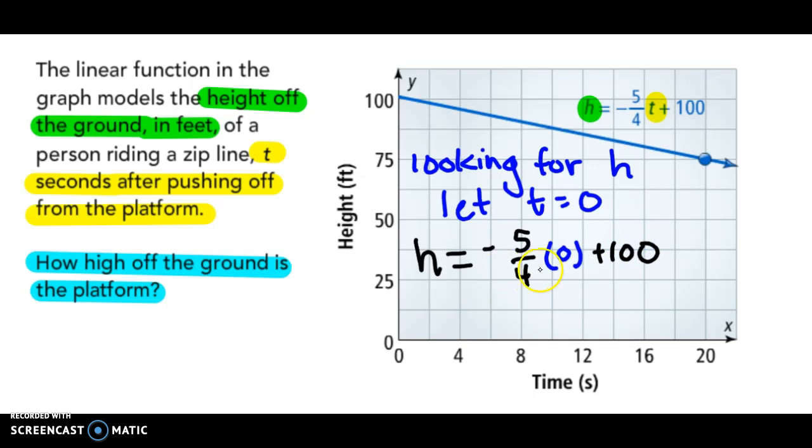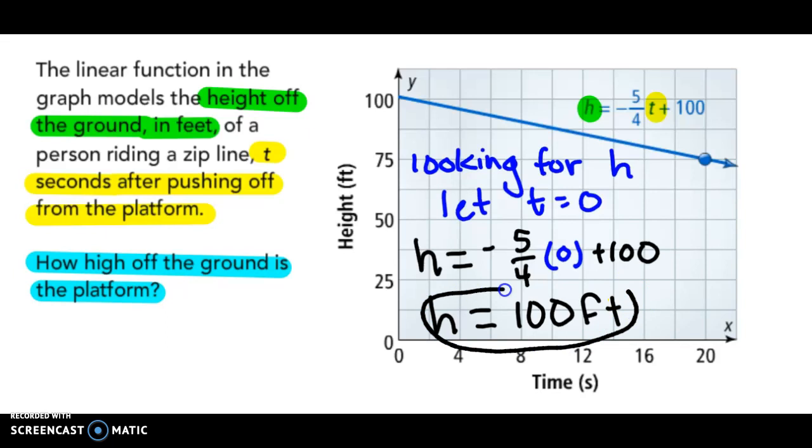So if we solve this out, we know that -5 over 4 times 0 is just 0. So h is going to equal 100. Our label is going to be our height, which is in feet. So 100 feet is how far off the ground the platform is for the zip line.